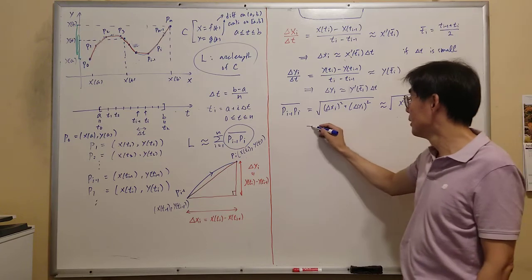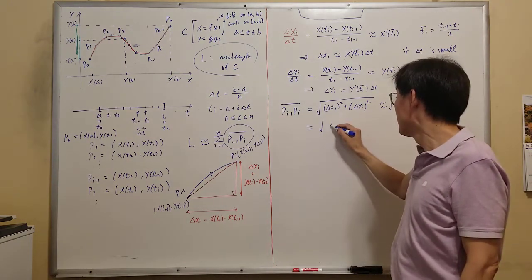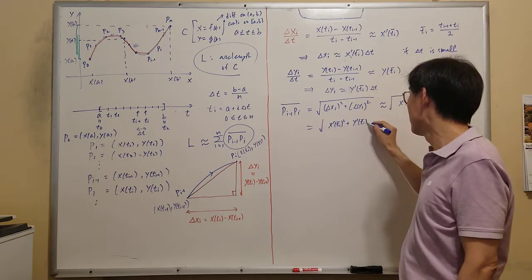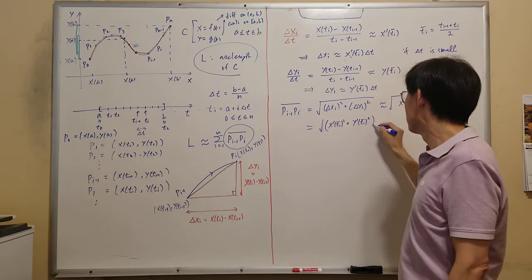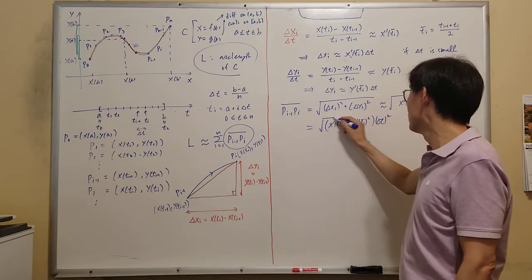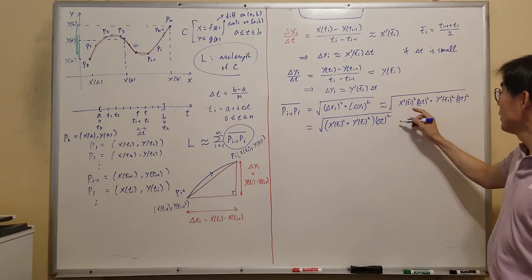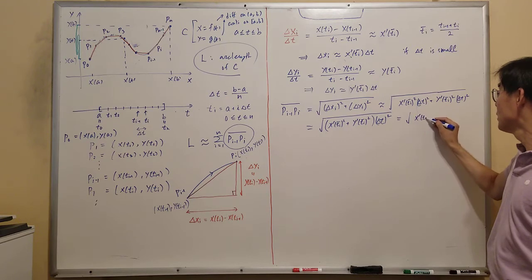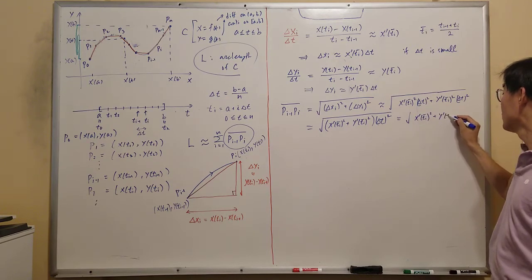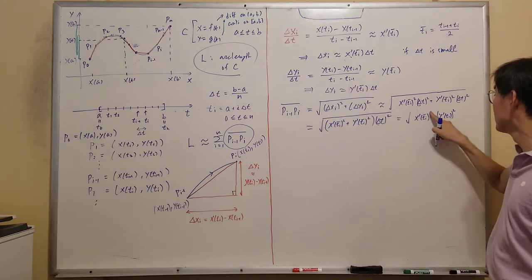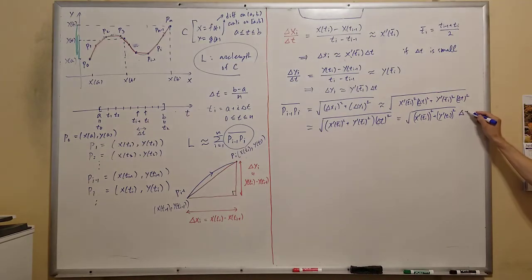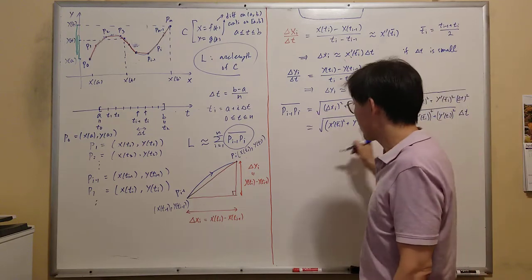Now you factor out delta t squared, so that is exact: the square root of x prime ti bar squared plus y prime ti bar squared, and the square root of delta t squared is just delta t. Okay?